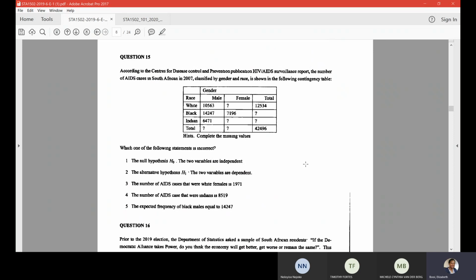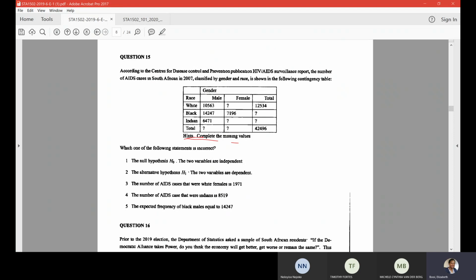Here it says hint, complete the missing information. So it's best to complete the whole table before you start answering the questions. But since we're running out of time, we're going to answer the question based on what we have. In your spare time, try to complete the whole table first before you do this. It will save you a whole lot of time.